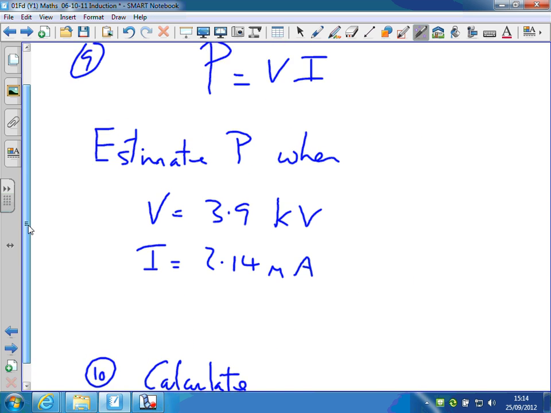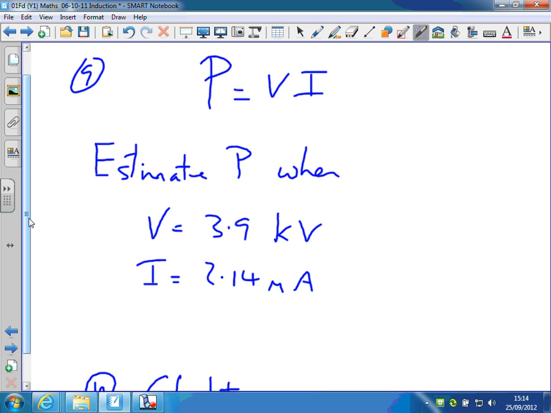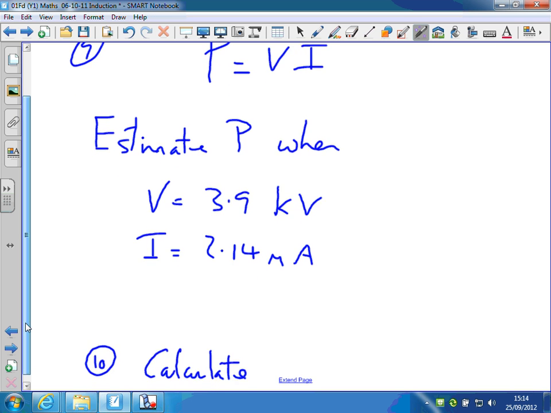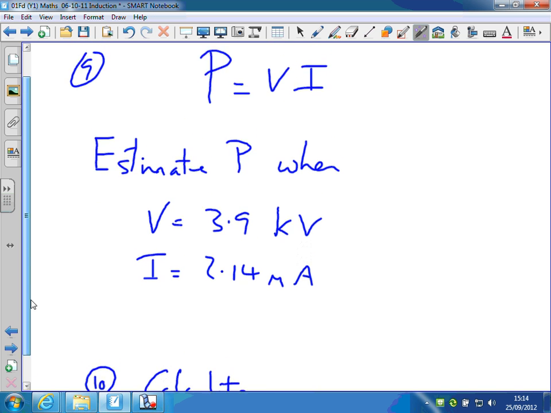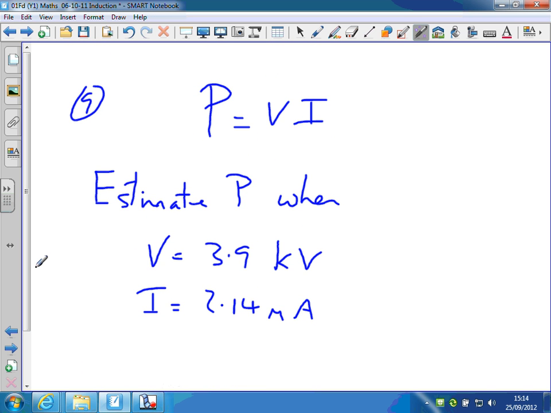Right, another formula I'm going to be expecting you to know, the power formula. You use that an awful lot in electricity, so know it: volts times current, if you didn't know it already. Estimate the power when the voltage is that and the current is that. 8, it's just 8, isn't it?